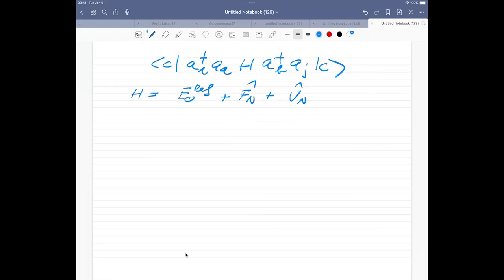Okay, so if we now calculate the first one, since it's a constant, it will require that A has to be equal to B and I has to be equal to J. So the first term gives us something which we have seen before. We'll have a delta IJ delta AB of E0 ref.